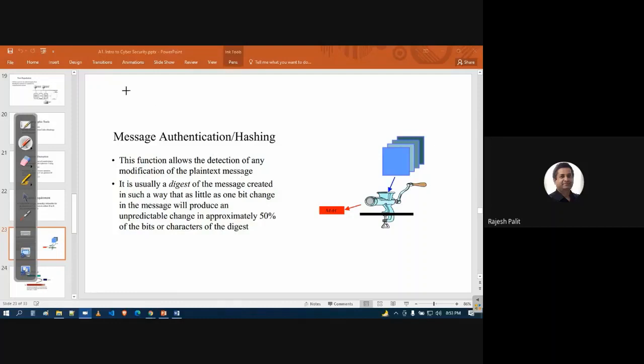That means if you send, say, 1 gigabyte of data to the receiver and an attacker changes just one bit out of 1 gigabit, from 1 to 0, the receiver will be able to detect this change. That may be due to the attacker, or naturally during communication, sometimes bits are flipped.